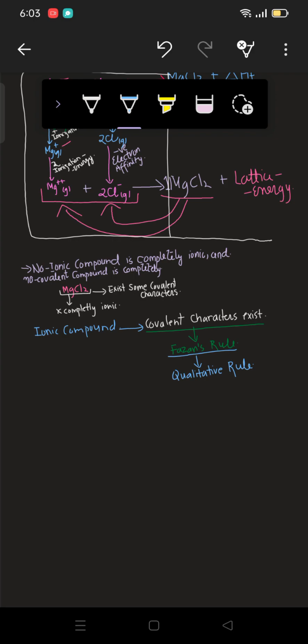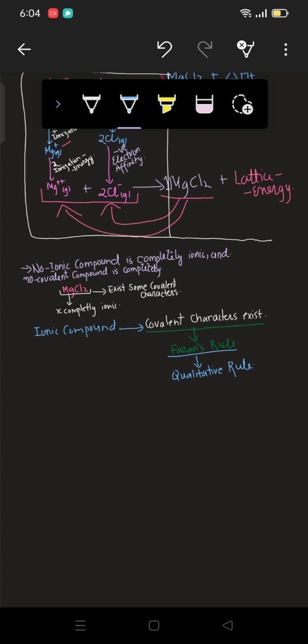It will just let us compare two ionic compounds, and see which one is more covalent in nature or more ionic in nature. We cannot know what percentage of covalent characters are there in the ionic bond, but we can identify which one is more ionic or which one is more covalent. So this is a qualitative rule.